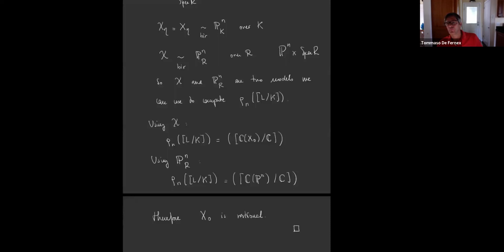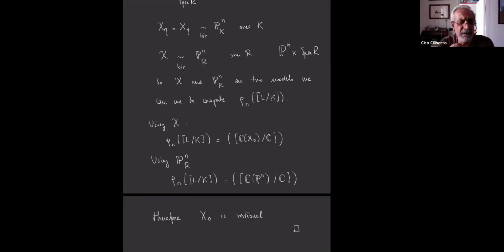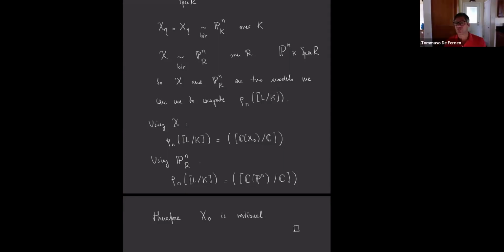So that's a stronger condition. If only the closed fibers are rational, then of course I don't know that the total space is birational to a part of a projective space. Right. But if the generic fiber is rational, then they are birational. One way of thinking about this is that they have the same generic fiber.